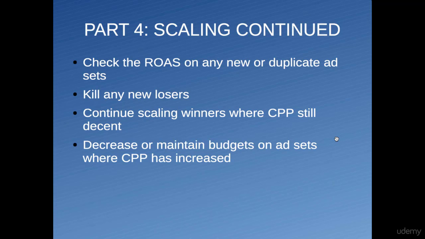Basically, this will be removing anything that isn't profitable and continuing to build up what is profitable, and just optimizing our budget to what is working best, and we should hopefully be profitable by this point.